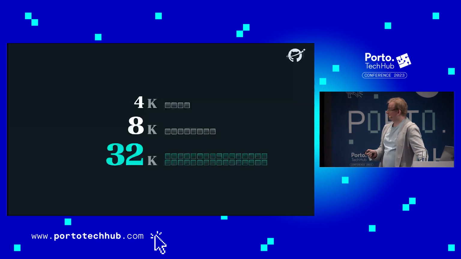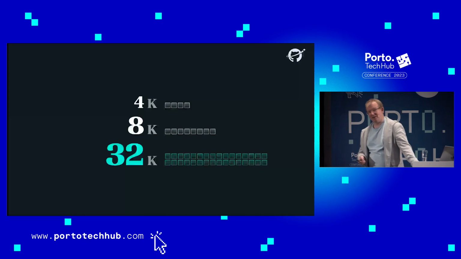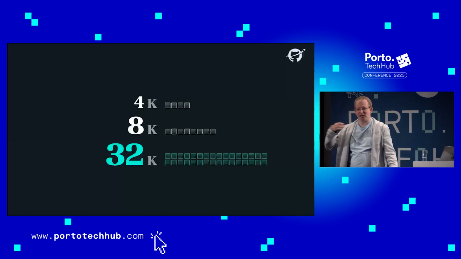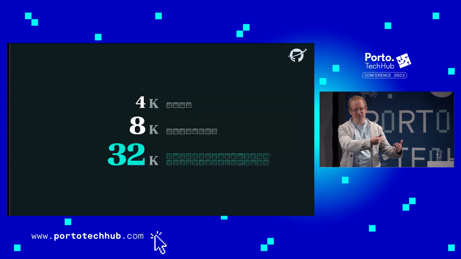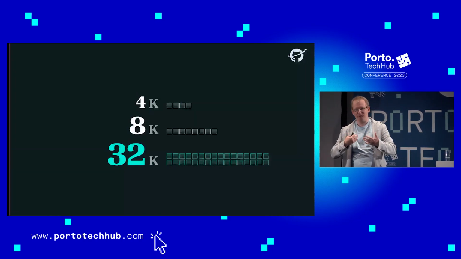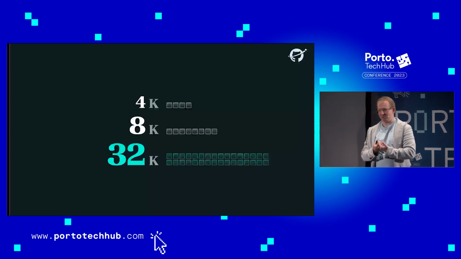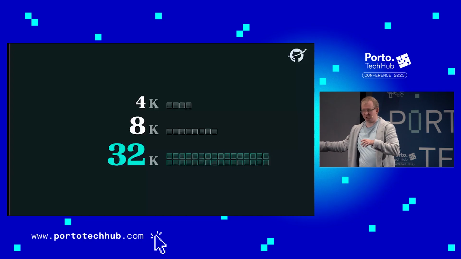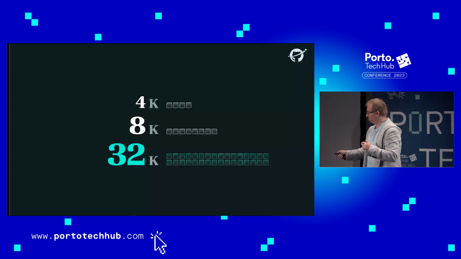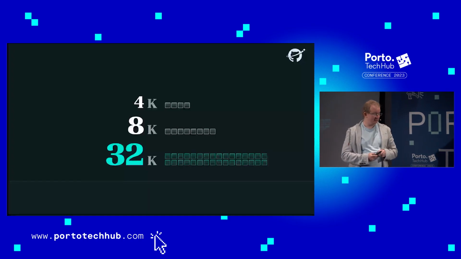But what you need to remember is that this context space includes both input and output. So the more stuff you push into the model, the smaller the response can be. It's not like you can use 8K for the input and 8K for the output. No, it's input plus output equals a maximum of 8K or 32K tokens.